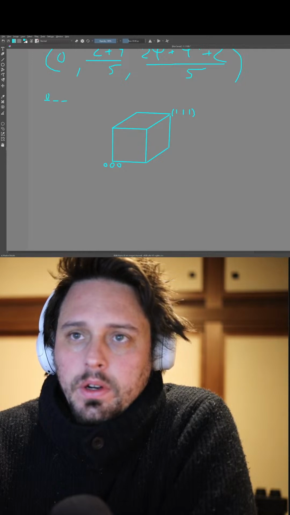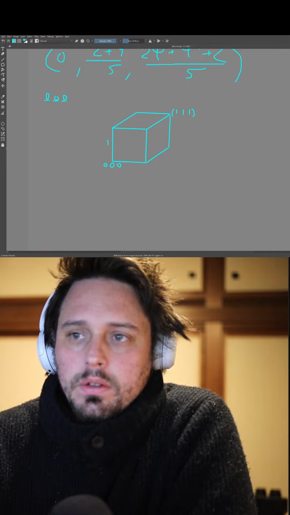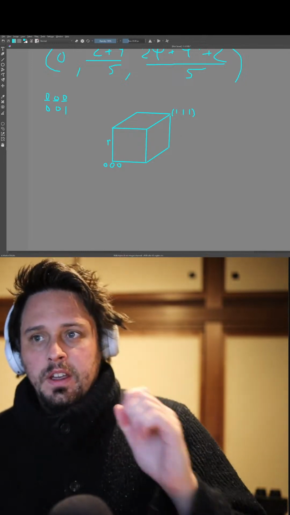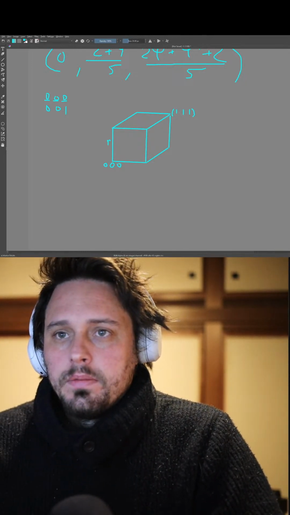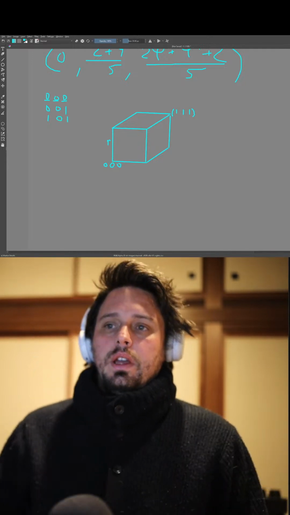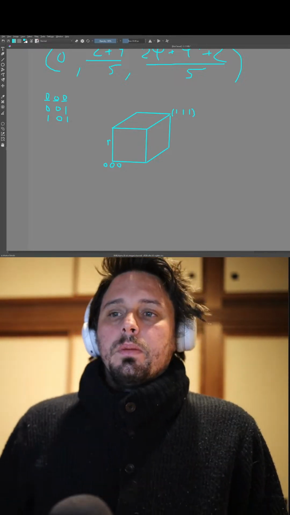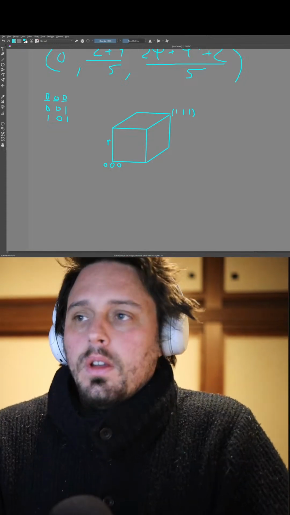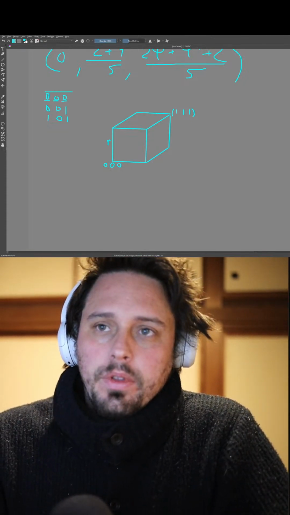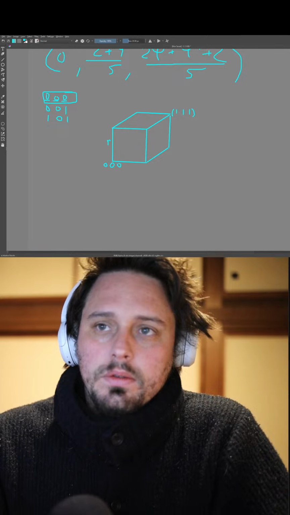So for example, you start at the corner 0, 0, 0, and let's say you go up in the Z direction. That's like flipping the Z bit. So now we're at 0, 0, 1. And let's say then you go over here in the X direction. That's flipping this one. So every movement along the edges of the cube, from one vertex to the other, is like flipping a bit in this 3-bit, sort of 3-dimensional space.